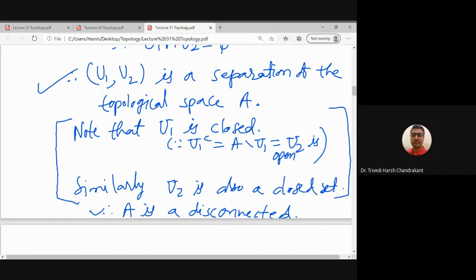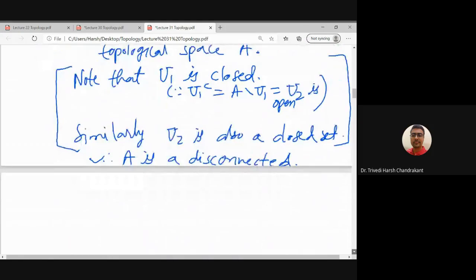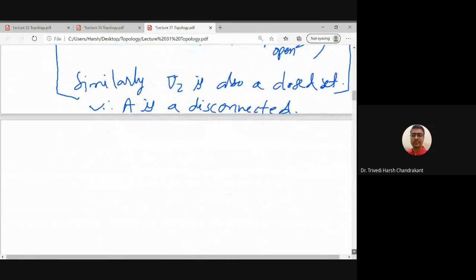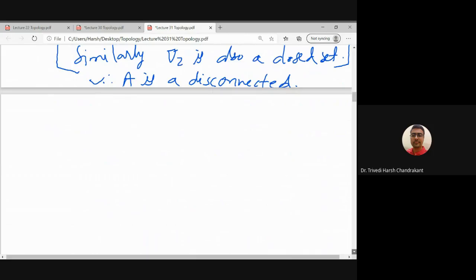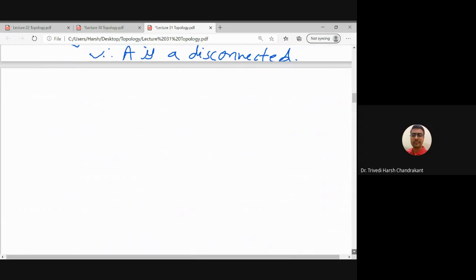So using subspace topology, we can find in this way several examples of disconnected spaces, and there are some theorems also which we can use to find different examples of connected and disconnected spaces.